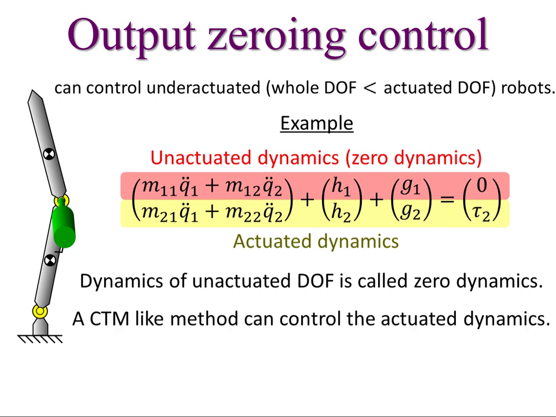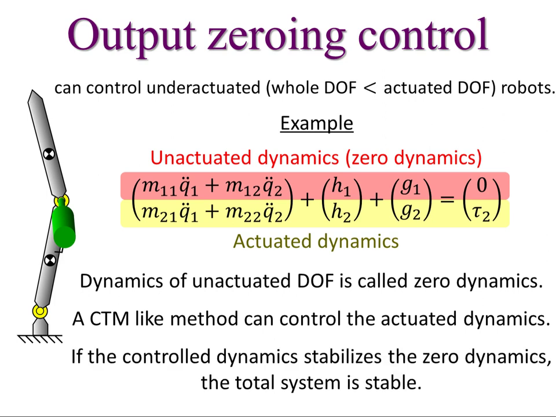Since the second row is the same as the dynamics of a normal robot, a control method like the computed torque method can be applied to realize trajectory tracking with respect to a joint angle. If we design the trajectory of the controlled joint angle well, we can stabilize the zero dynamics.